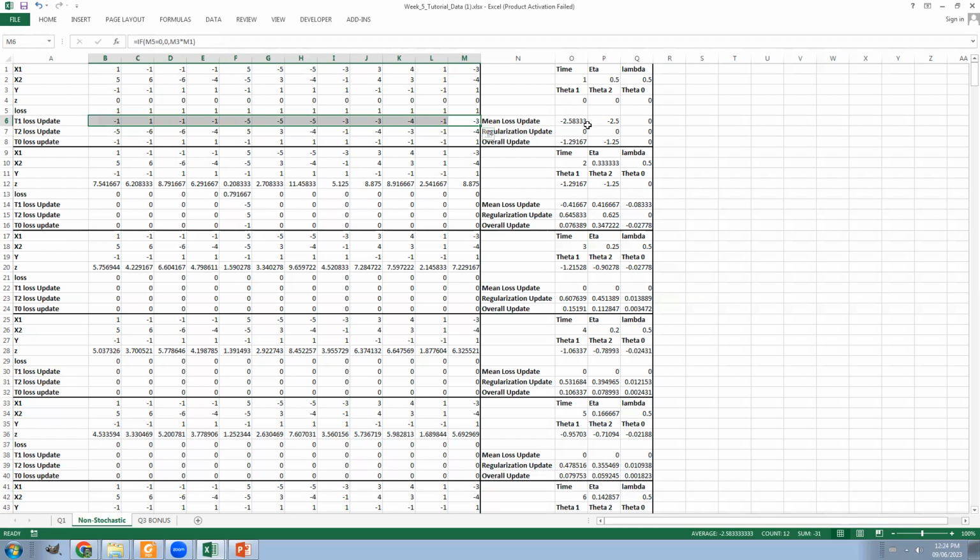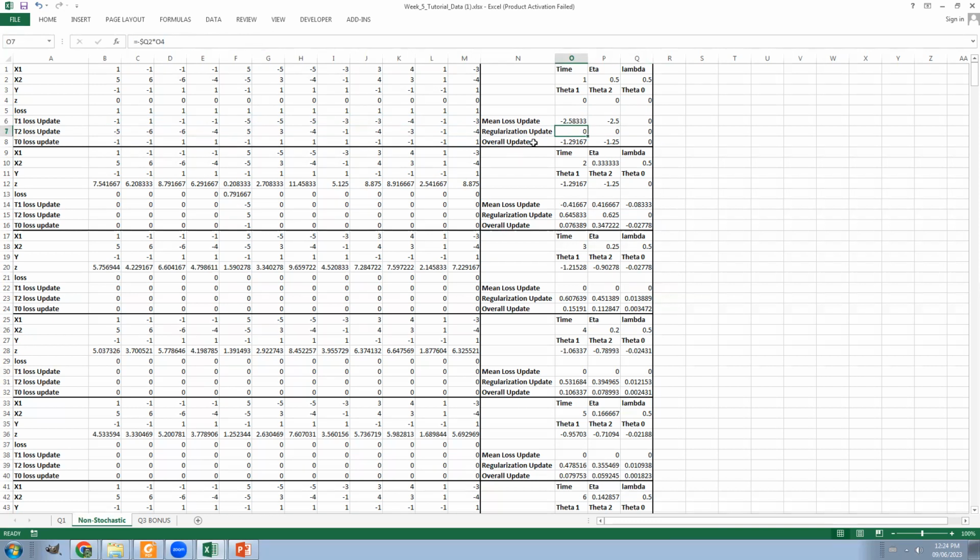And so when we take the derivative, because losses are just add them all up and divide by n, we're going to just add up all the updates and divide by n. So if we do the average of these updates, and you can see this is what I've done here, this is the average of this row, this is the average of that row, and this is the average of that row, then we're going to know how to update thetas based on loss.